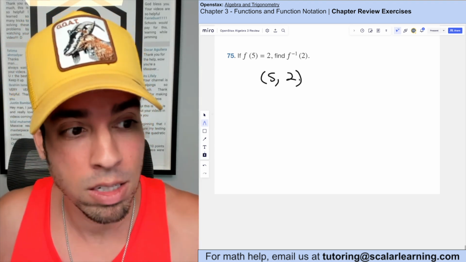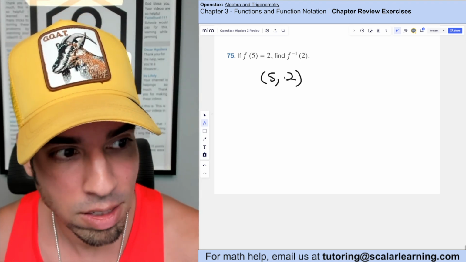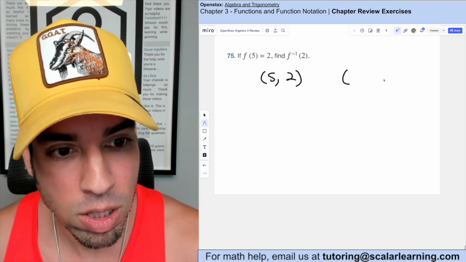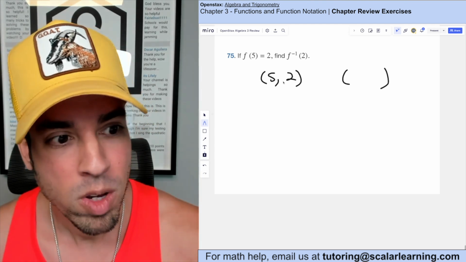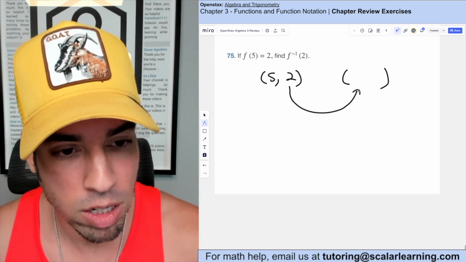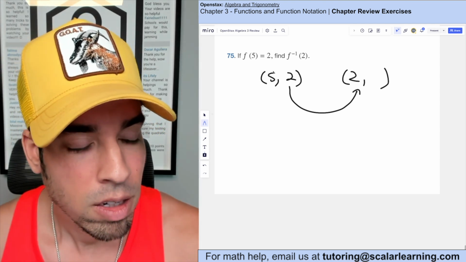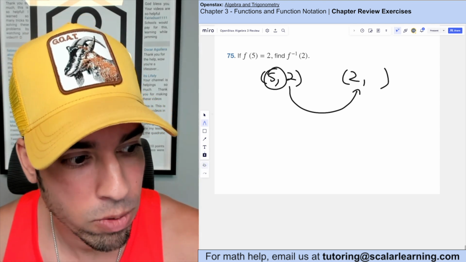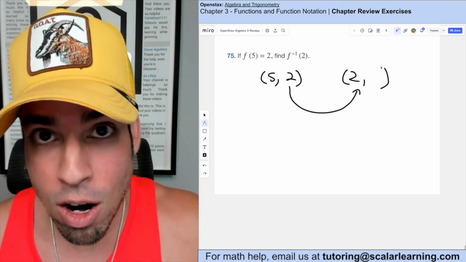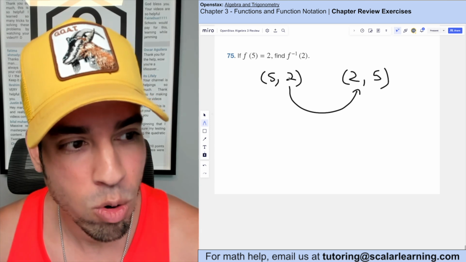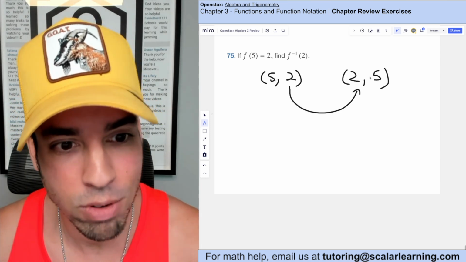What that means is whatever I plug in for x to get a corresponding y value for my original function, it will have the same relationship but flipped, meaning when I plug in this value here as the x value for the inverse, I get the same x value for the original function as an output for the inverse, okay?